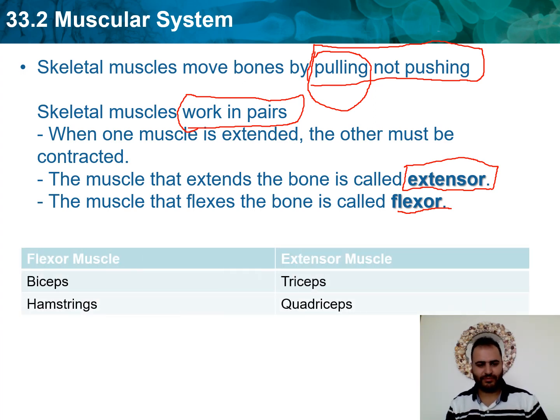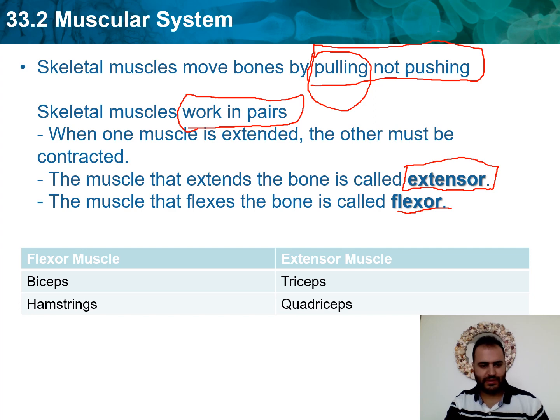Here are some examples about flexor and extensor muscles. The biceps is a flexor, the hamstrings, which are located at the back of your upper leg, are flexors. The quadriceps are extensors, same as the triceps.